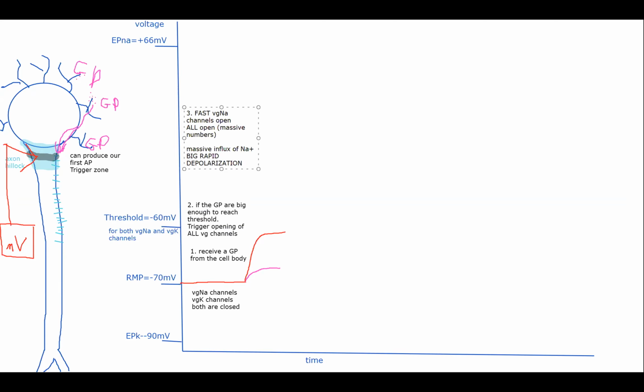A big, rapid depolarization, this is the action potential. We get our action potential. Accomplished our goal. End of story. Okay, not really. But we get this rapid depolarization as the sodium is entering the cell.